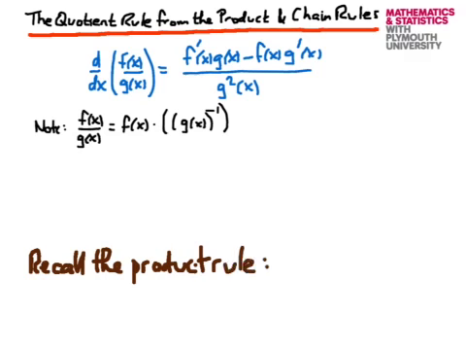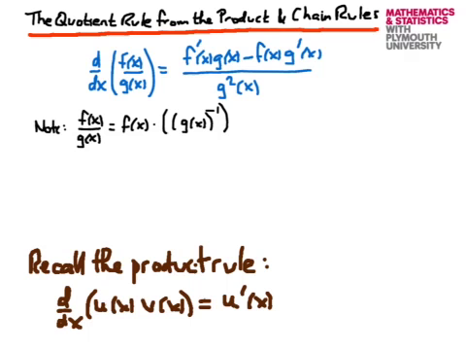And what this tells us is that the derivative of a product of two functions, let me call them u and v, just so as to not use the same symbols, is given by the derivative of u, I'm just using dash notation for brevity here, multiplied by v of x, plus the first factor, u, multiplied by the derivative of the second factor, in this case v. So that's the product rule that we're going to need, so I'll just pause, make some room.